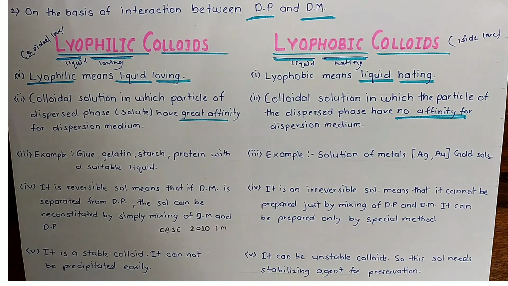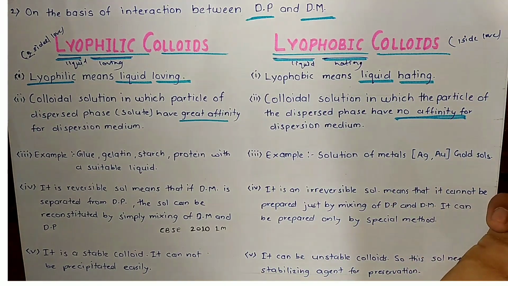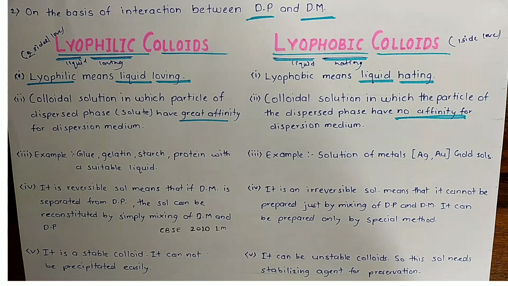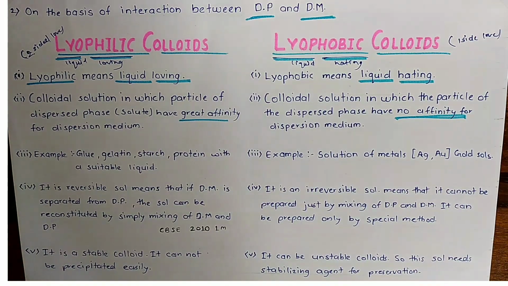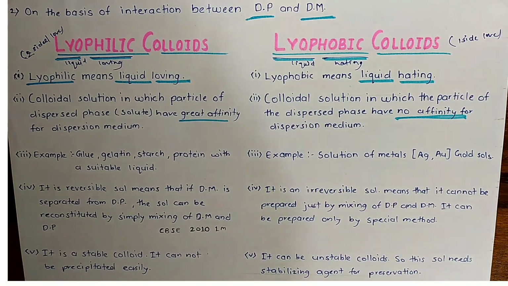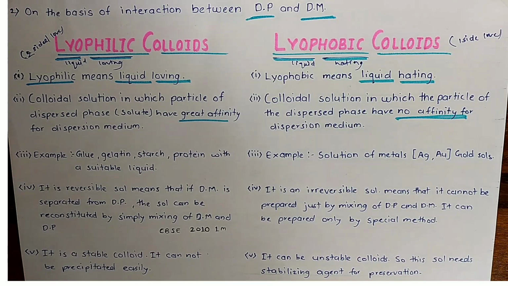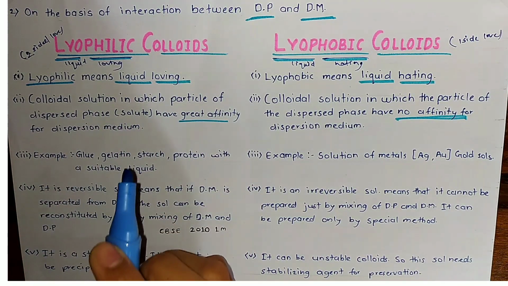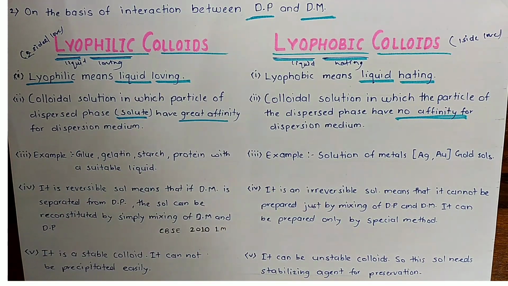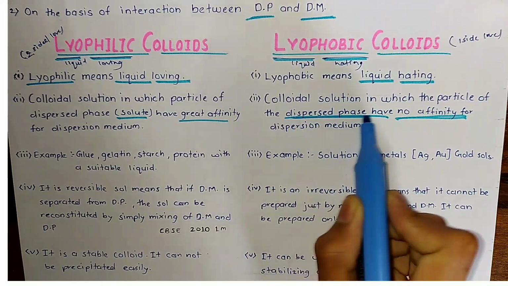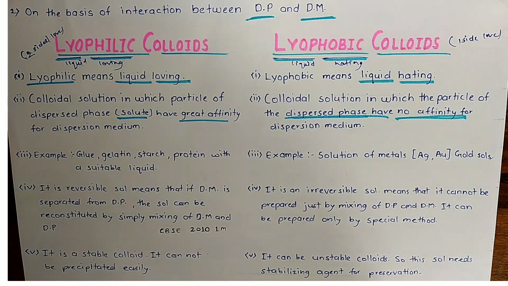Means here is one-sided love. Here the solute loves the solvent, but the solvent is not loving the solute. The solvent is not giving place to the solute to come together. This is the second difference.